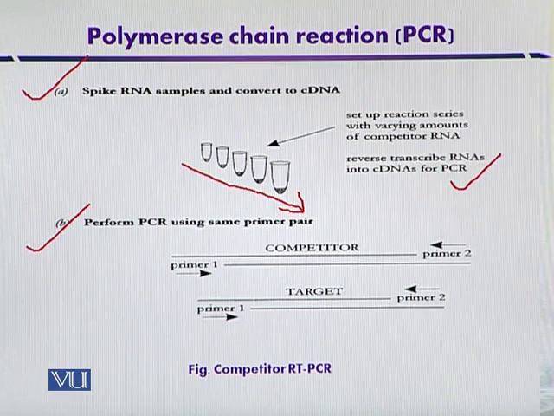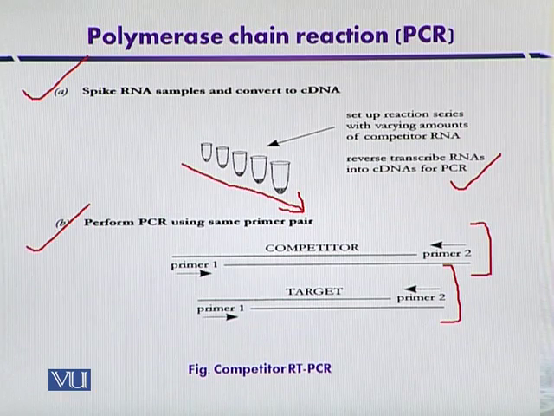Now here in this example the competitor RNA it is comparatively longer in size as compared to our target RNA. So in both cases the primer sets they are the same. So primer recognize the same target sites and they will amplify both the competitor RNA as well as target RNA in the reaction mixture.